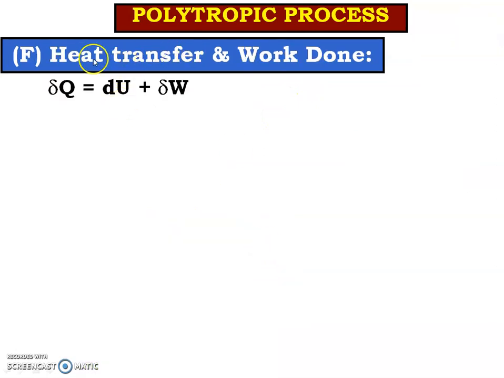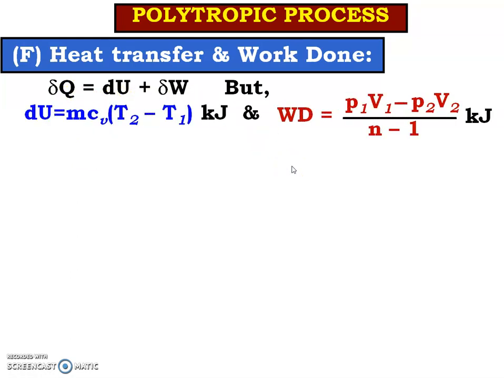Now the relationship between heat transfer and work done. From the first law of thermodynamics, we know that delta Q is equal to delta U plus delta W. Now we know the equation of delta U, mCV (T2 minus T1), and the work done that we have already derived, (P1 V1 minus P2 V2) divided by n minus 1.